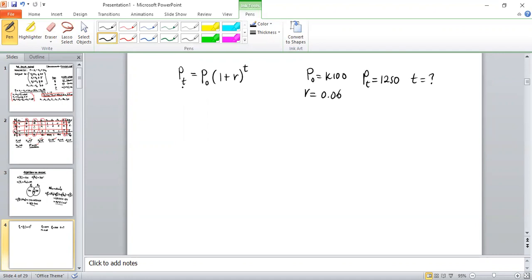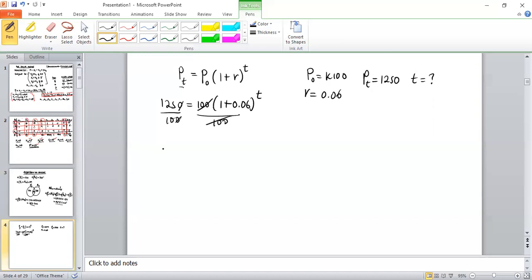So you substitute, that will be 1,250 equals 100, open bracket 1 plus 0.06, raised to the power t, which is what you're looking for. So from there, you divide both sides by 100 so that you get rid of 100, and that cancels the 0.